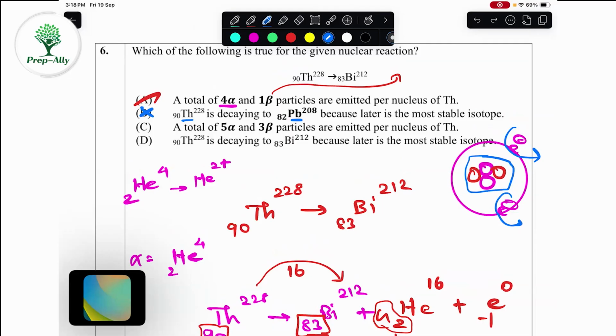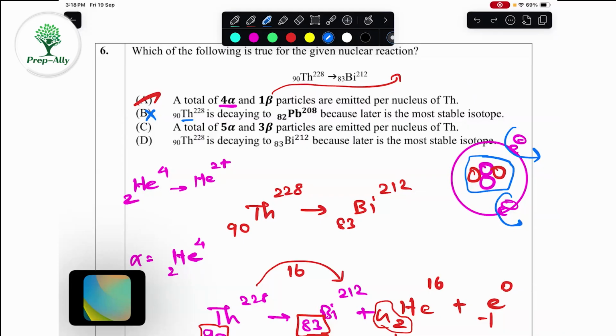According to this statement, the statement is correct, but not true for this reaction, because comparing bismuth and lead nuclei, lead is the most stable isotope. So this is not going to be the correct answer in reference to this reaction.